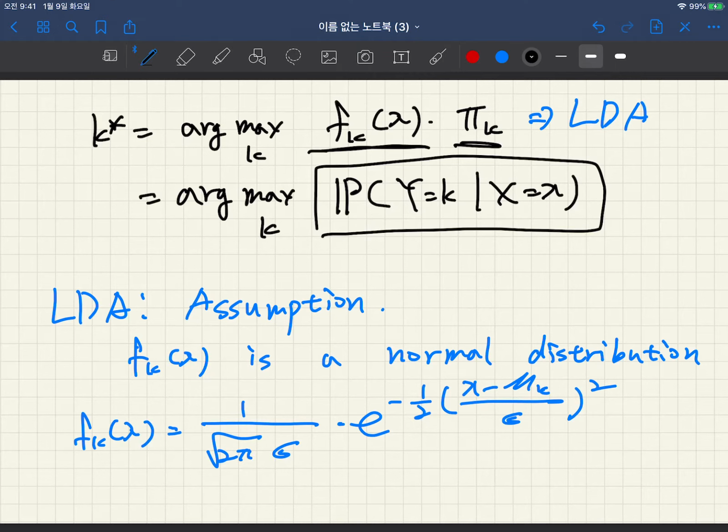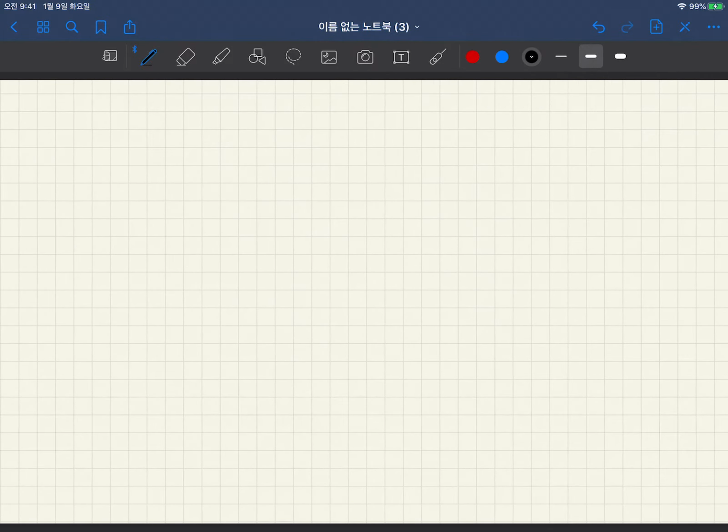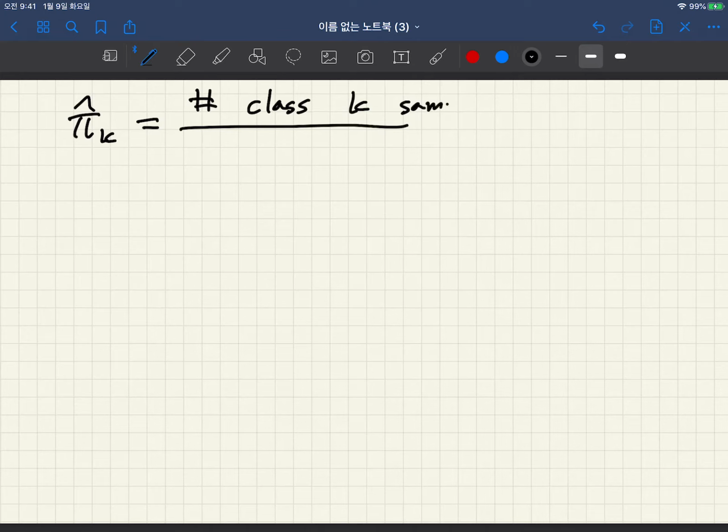Right? Then how can we train f_k(x), the density function, and the prior distribution? For the LDA process, we can estimate the prior distribution from the number of training samples: the number of class k samples over the number of total samples.